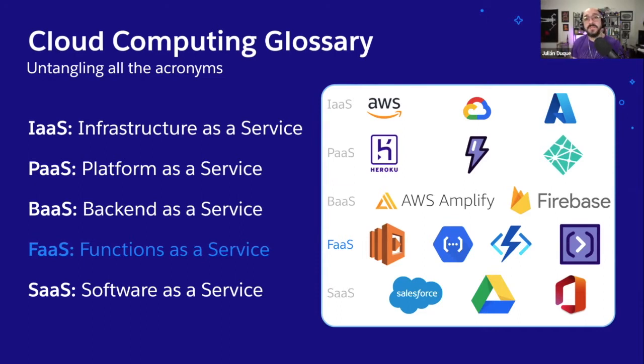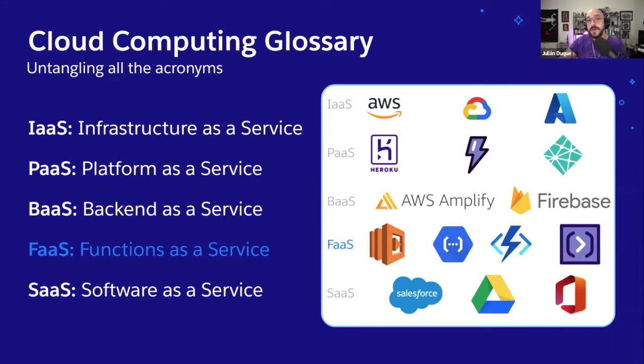And why is this important? Because it is going to be cost effective. So you are not going to be paying more than what you need. You are paying exactly for the usage of your application. And this is why functions is a very important part of cloud computing due to this elastic nature. So we are going to be focusing here.